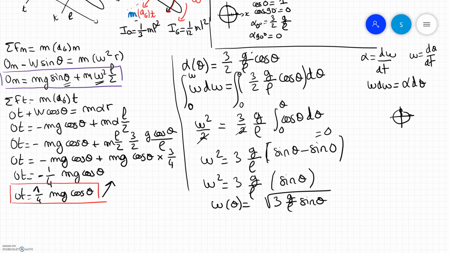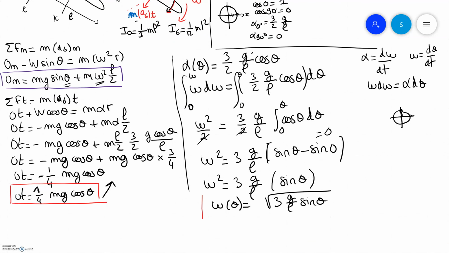So we are able to find omega for any angle theta. For example, if theta is equal to 90 degrees, it means sine theta is equal to 1. So omega will be equal to the square root of 3g divided by L, depending on your L. And with this omega, we can find ON.